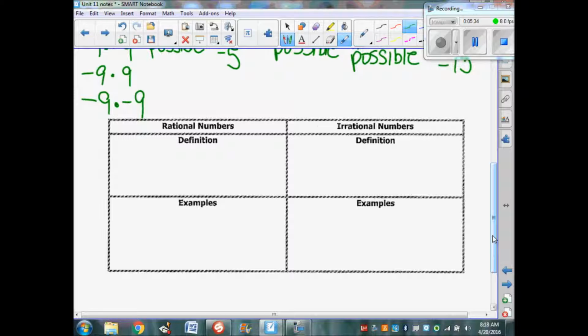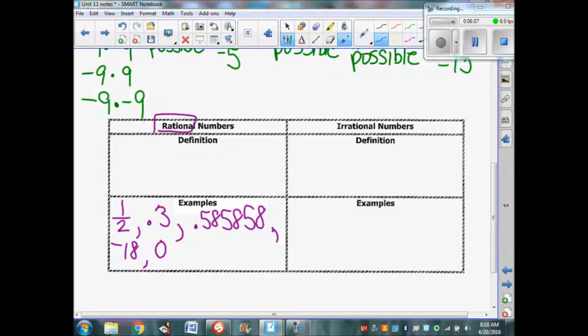So we're going to move down to some definitions of some numbers and some examples. I'm going to give you a bunch of examples of rational numbers, and then we're going to come up with a definition. So here are a few examples of rational numbers. 1/2, 0.3, 0.585858, negative 18, 0, negative 3/17, 5.